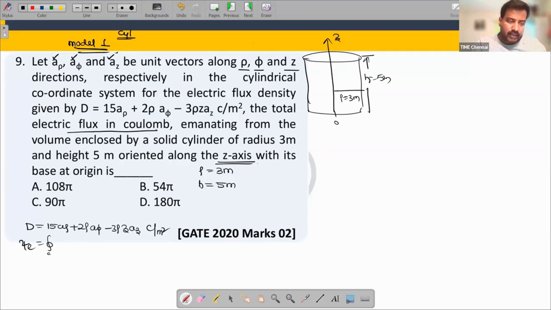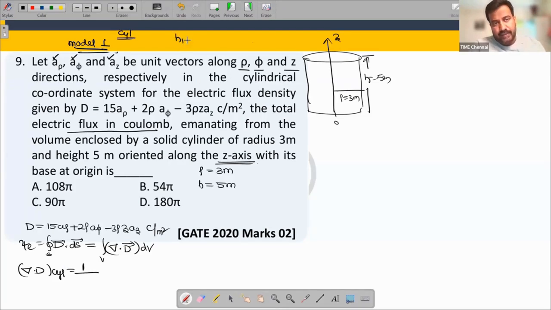We know psi e is closed surface integral D dot dS. If you evaluate this, you'll get the answer. But closed surface integral D dot dS is volume integral del dot D dv. Del dot D in cylindrical coordinates, as we did in the previous question, is 1 by h1 h2 h3. h1 is 1, h2 is rho, h3 is 1, so 1 by rho.